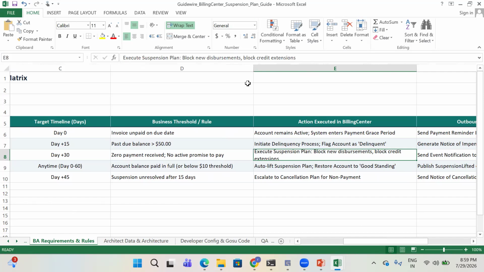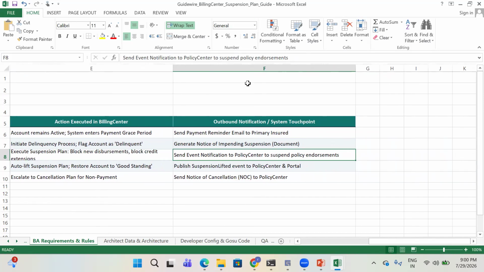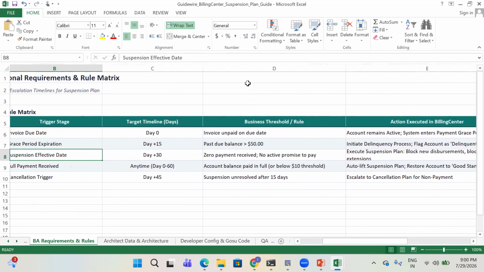So that it blocks the new disbursements and blocks the credit extensions also. No further credit extensions will be given and no new disbursements will be entertained. So automatically it sends an event notification to the policy center to suspend the policy endorsement, because policy document generation, everything happens in the policy center.